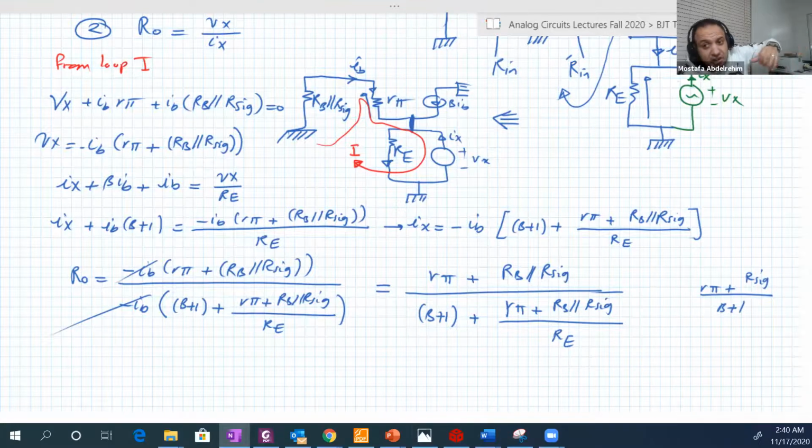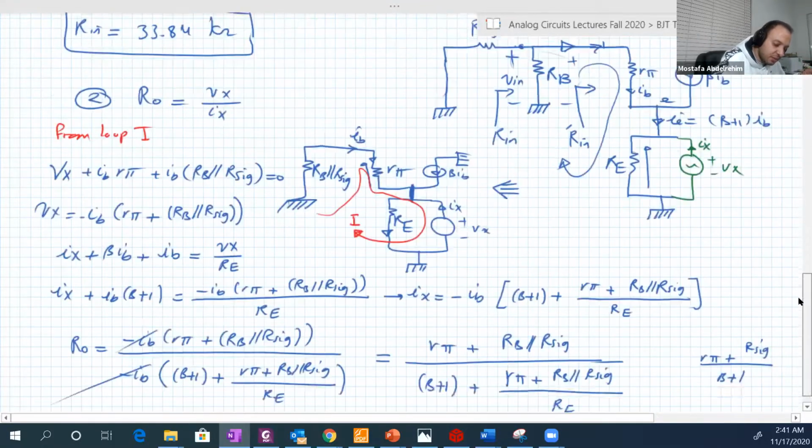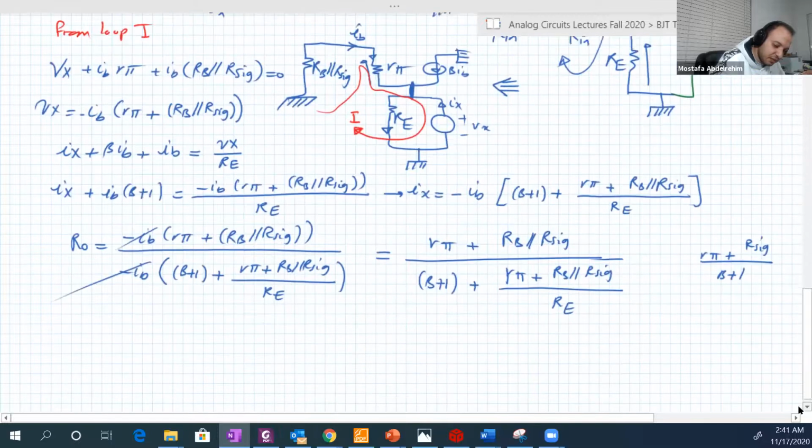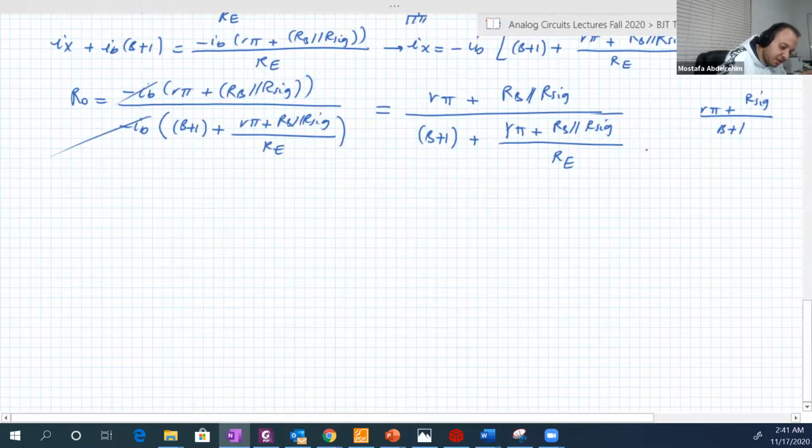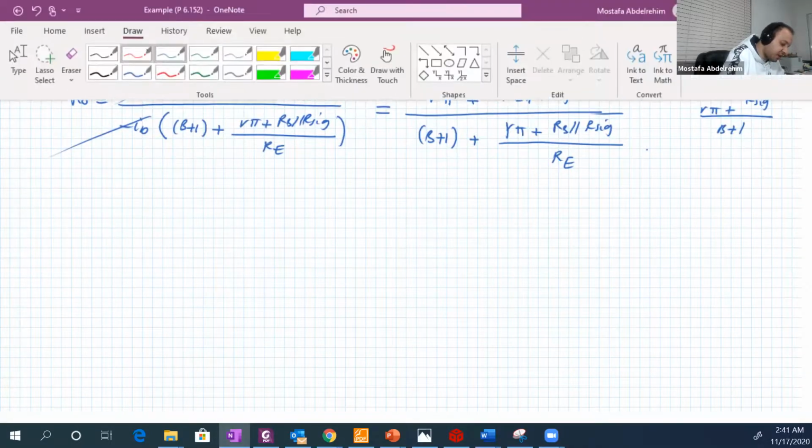So to check on yourself, both RB equal to infinity, because in that example that we solved in the beginning, there was no RB, which means RB is equal to infinity, and there was no RE, which means again it was infinity. So let's do it one by one. So let's do it with another color.